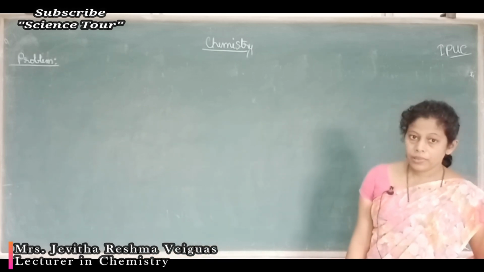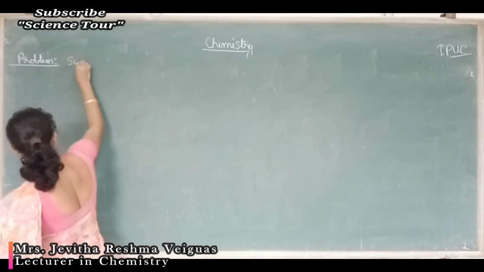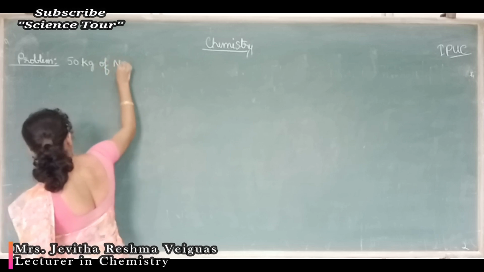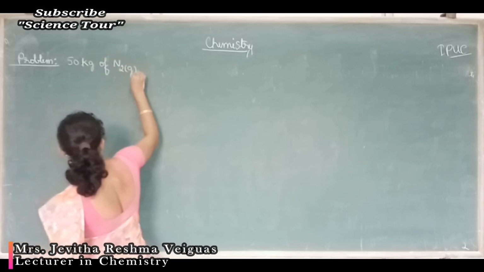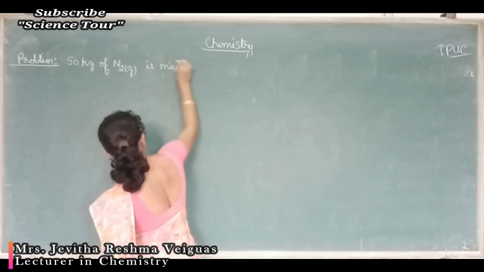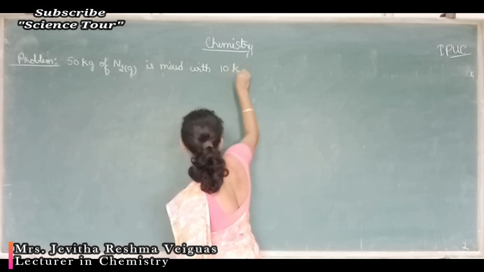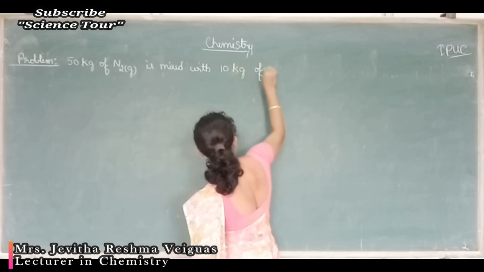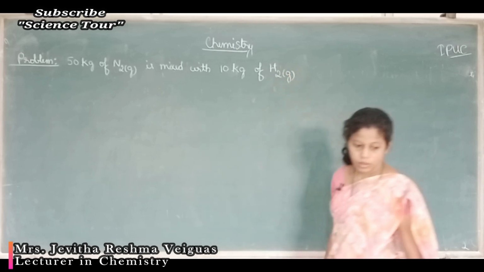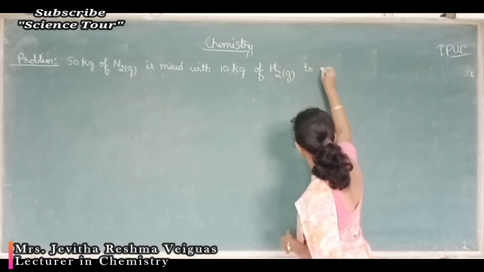According to the problem, 50 kilograms of nitrogen gas is mixed with 10 kilograms of hydrogen gas to produce ammonia gas.